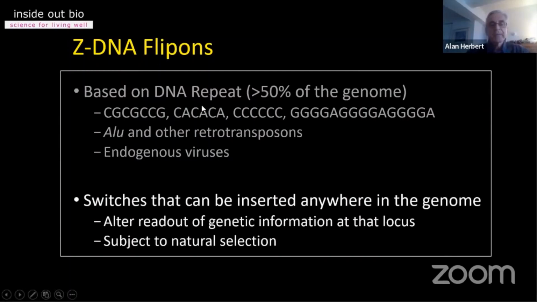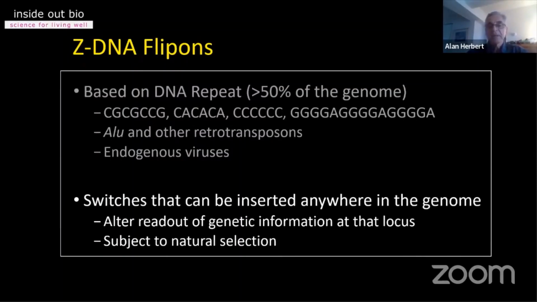The interesting thing about all these repeat sequences is that they can be spread through the genome relatively easily, either through recombination or through reverse transcription. And the effect on the readout of information at the new location is completely locality specific. So they change the readout at that particular location.